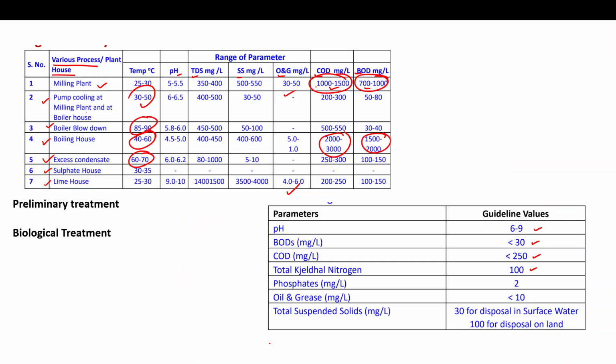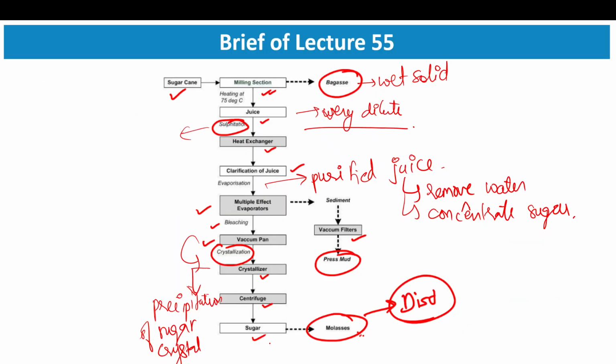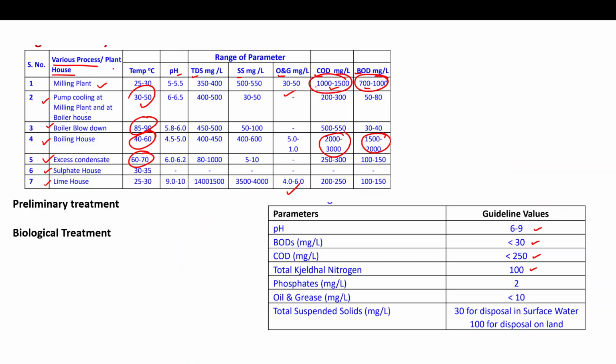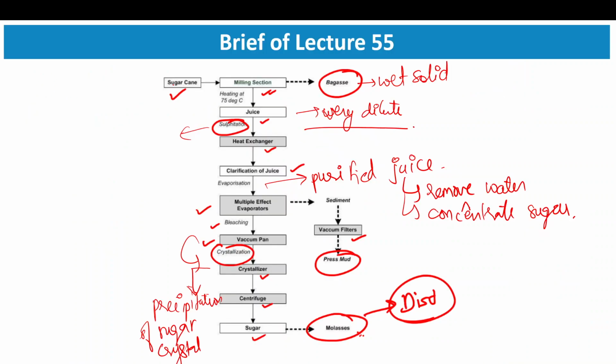If you talk about the wastewater generation from this plant, this process will generate water with these parameters. What would be the basic composition of it? It will have some different pH, it will have suspended solids because of the sugar cane, which can generate solids in this section.